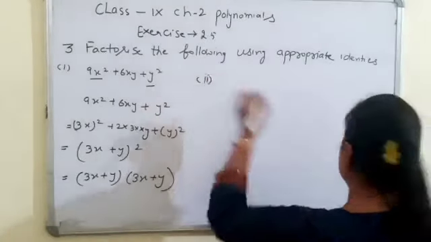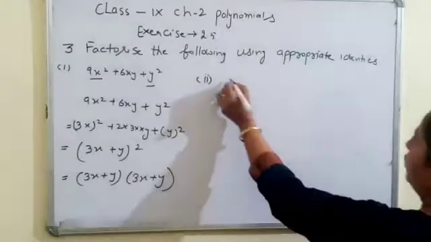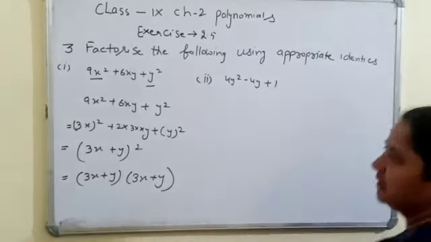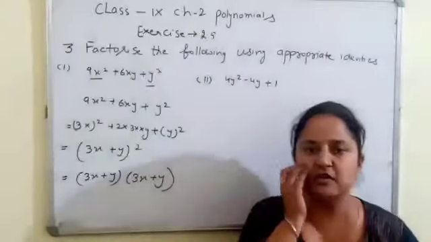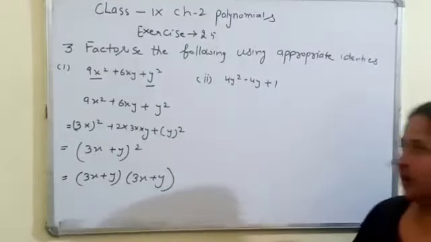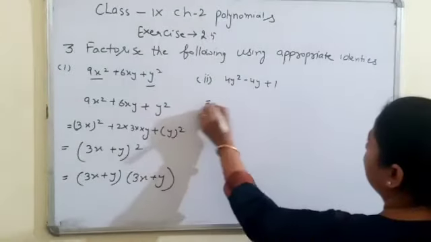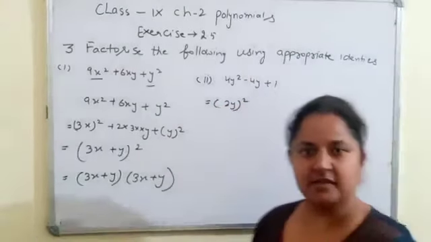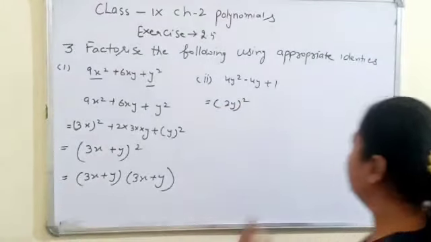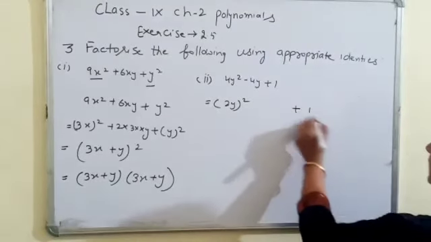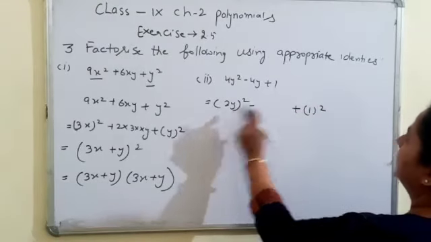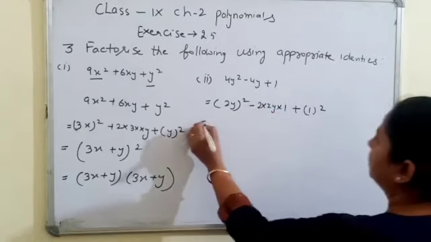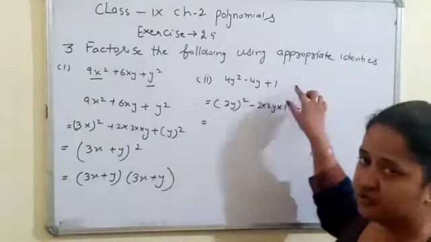Let's see the second: 4y square minus 4y plus 1. Now we have to make the factors for this expression. Here we have 3 terms, and the first term, 4y square, is the perfect square of 2y, and 1 is the perfect square of 1 itself. a square plus b square minus 2ab. Now this perfect square will help you a lot.